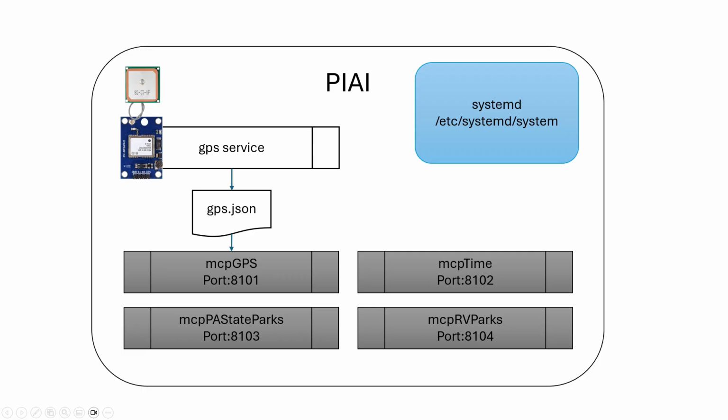It receives the latest information from a GPS device and saves the latest longitude and latitude in a gps.json file, and that's what my MCP GPS service reads as the JSON file, rather than going directly to the device. Makes things easier, and if I lose GPS for a while, it can still use the last good GPS results in this file.